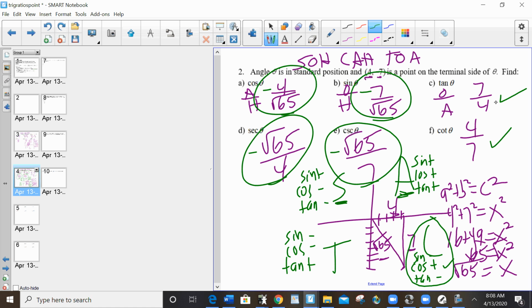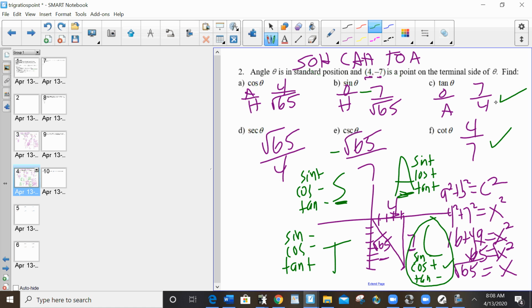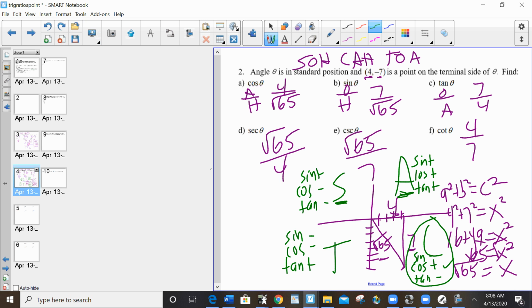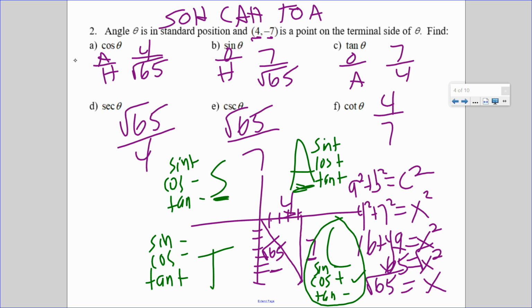Can I undo that? Sorry. Let's back that up. I said the right thing, I just circled the wrong thing. C, cosine is positive. So these are correct, which means everything else is negative.